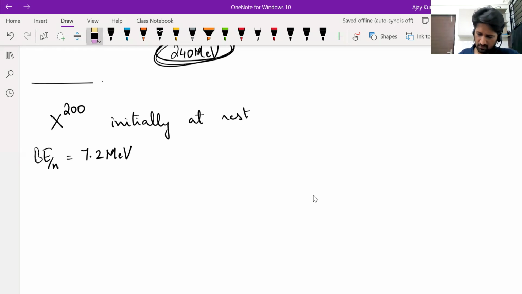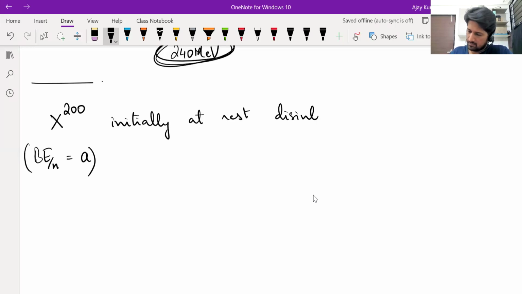Or wait, I don't have to give an exact value also. You know this is unstable, mass number more than 170, unstable nucleus. Let's say binding energy per nucleon is A. A is a number less than 8 mega electron volts.